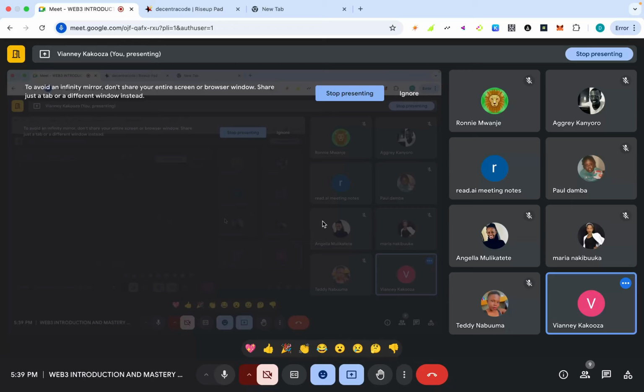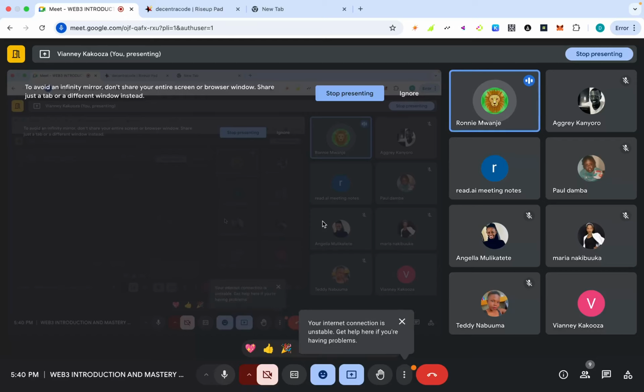Okay, a DPIN is a decentralized physical network or physical infrastructure, something like that. It's a decentralized service, like providing storage in a decentralized way, like Filecoin and other protocols there.